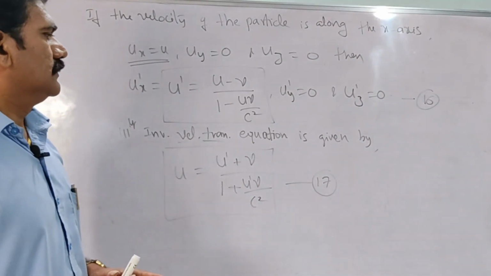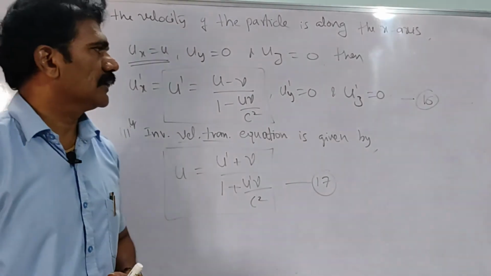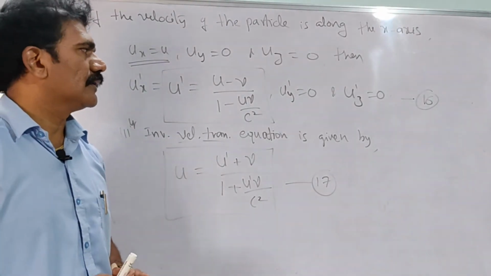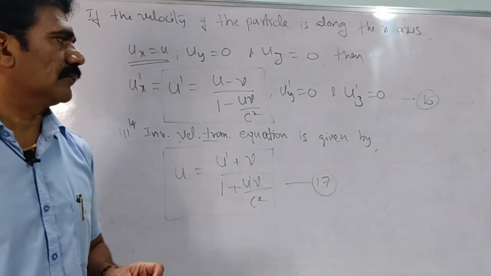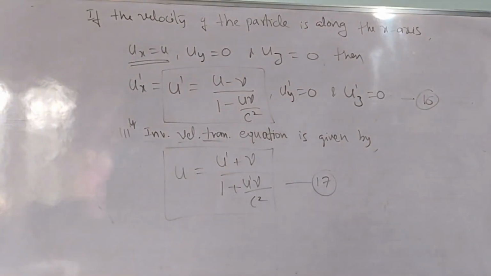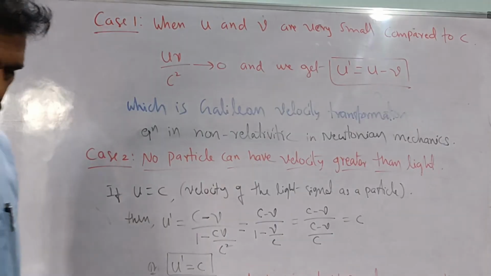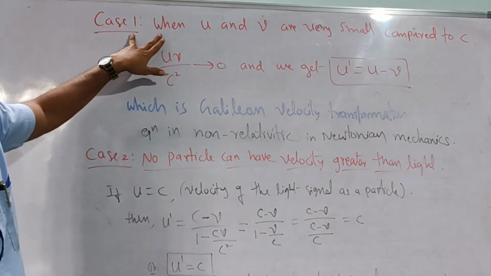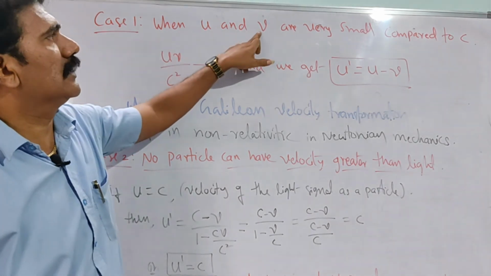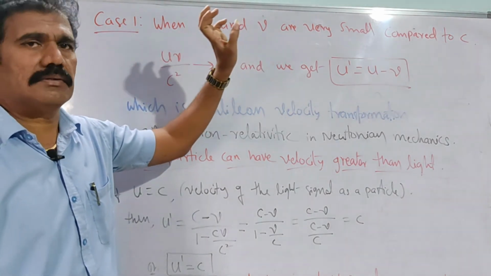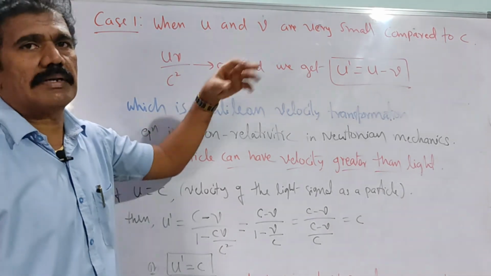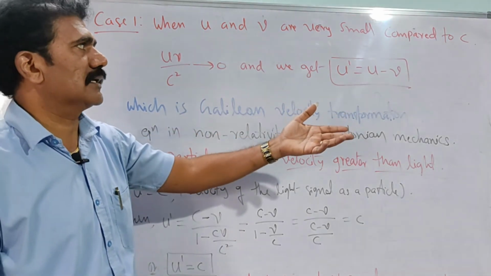Okay, so we have some particular applications of these velocity transformation equations, so those special cases we can discuss now. Look at these special cases. Case 1: when we consider both velocities u and v to be very small. u is the velocity of the particle, and v is the velocity of the moving frame of reference S dash, right?